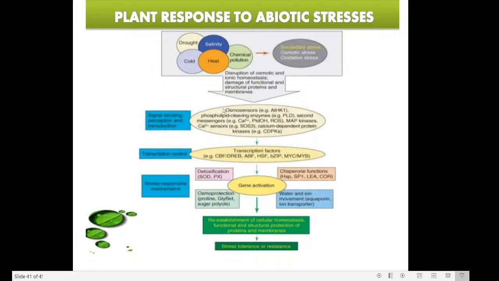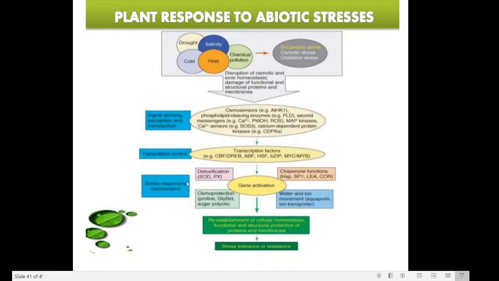The osmosensors get affected, so that it makes an unbalanced intake of calcium and ROS, reactive oxygen species. All these things are happening. Then transcription factors are also affected. The transcription control, mRNA production, and cytochrome activity are all disrupted.